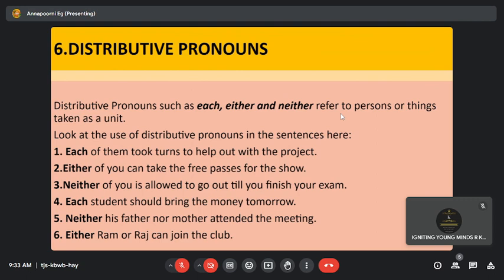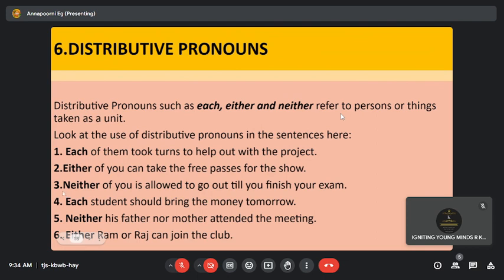It means if Ram wishes to join, then Ram can join, or if Raj wishes to join, he can join. Okay? दोनों में से एक. So either means दोनों में से एक. Neither is again, neither his father nor mother means both father and mother, they didn't attend the meeting.